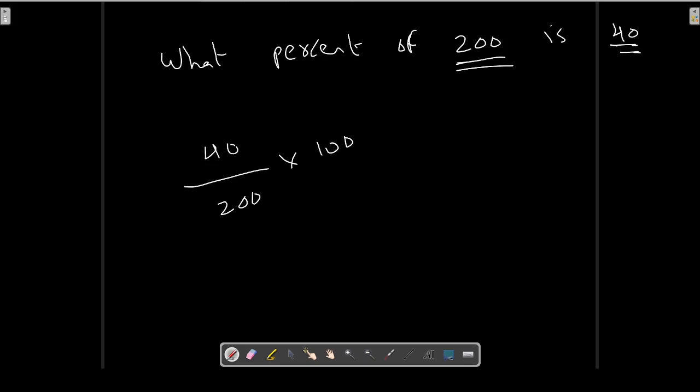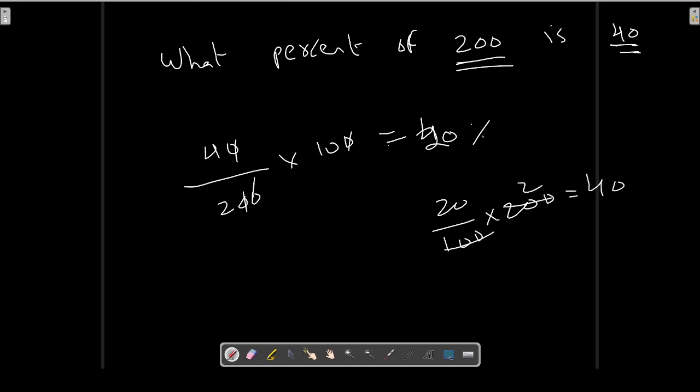So by doing the calculation, we can obtain 20%. That means 40 is 20% of 200, because 20 by 100 into 200 is equal to 40. That means 40 is 20% of 200. In this way, we have to solve the word problems in percentages.